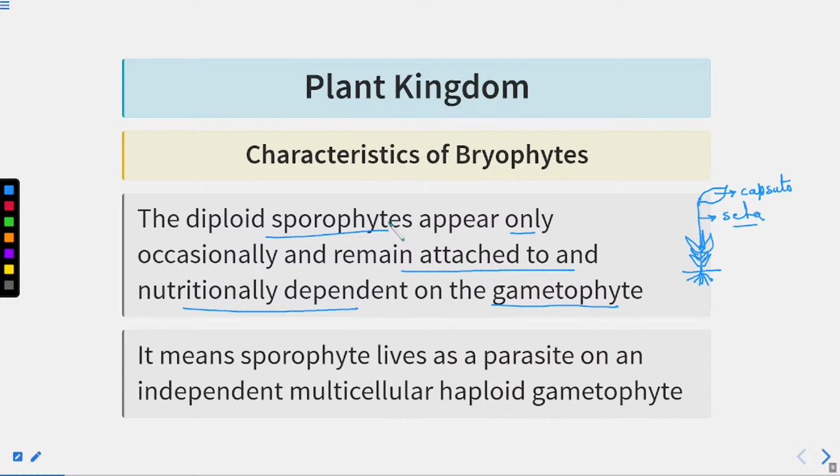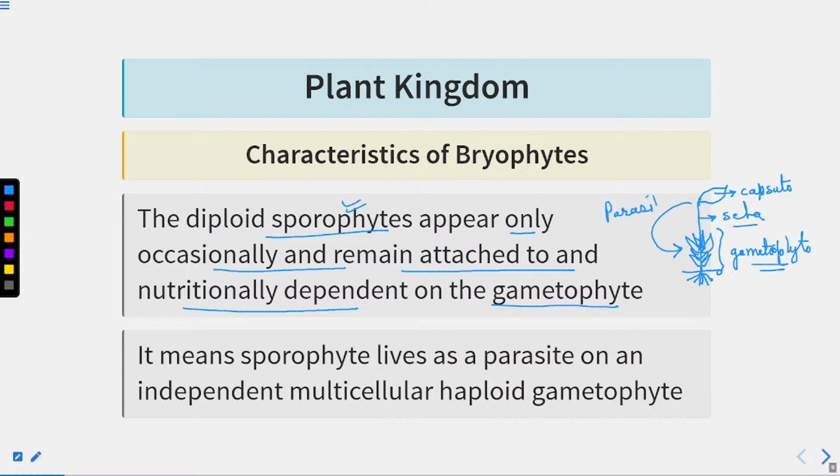Whatever nutrition the capsule part gets is absorbed by the gametophyte part. So we can say that the sporophyte is parasitic on the gametophyte.